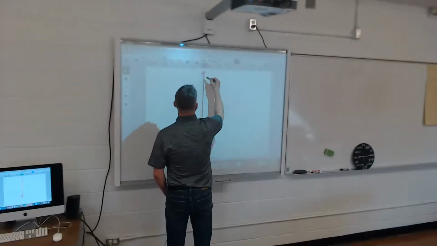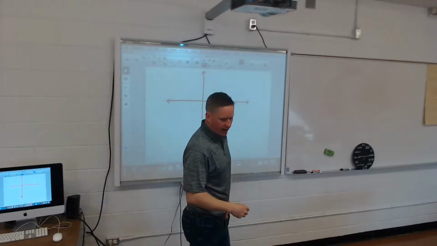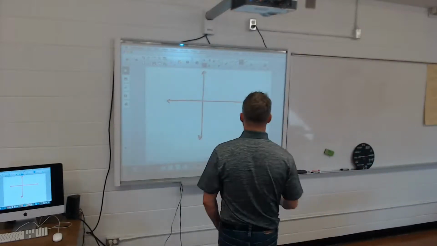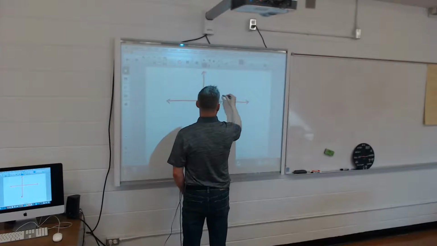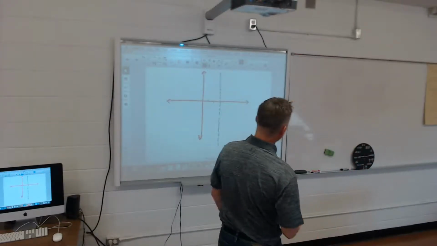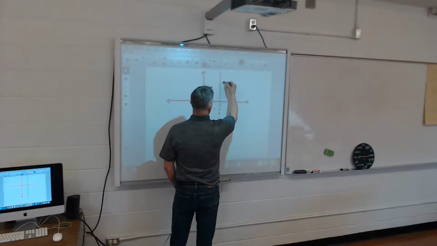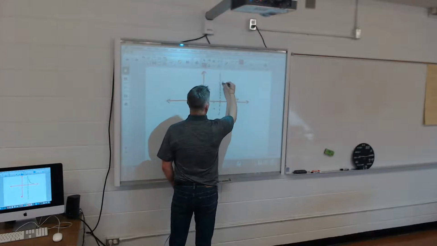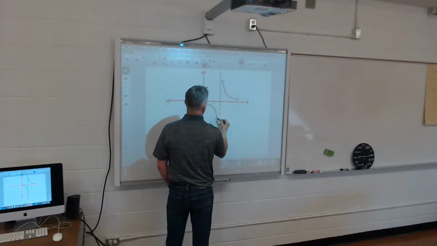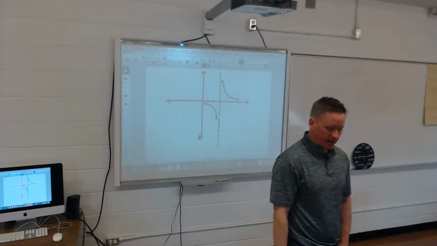They give us a graph, and it wants us to graph y equals f of x.